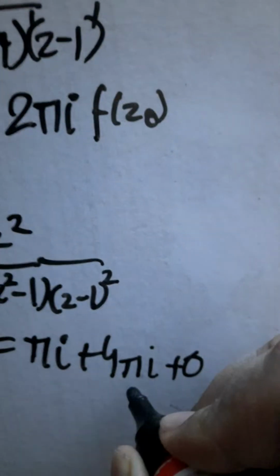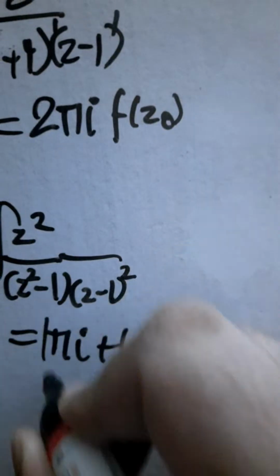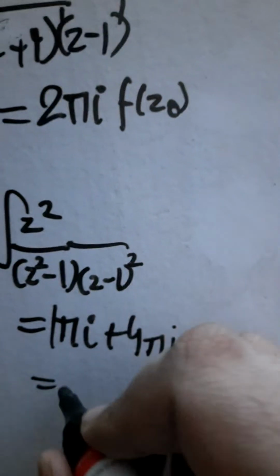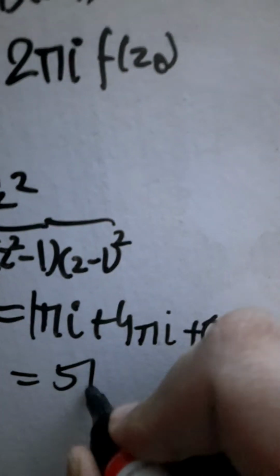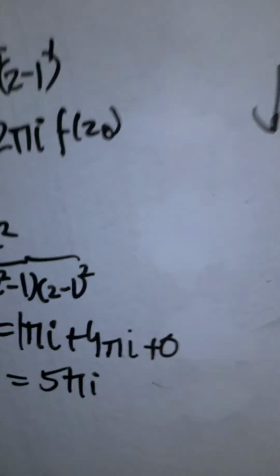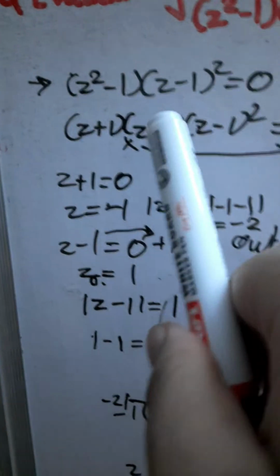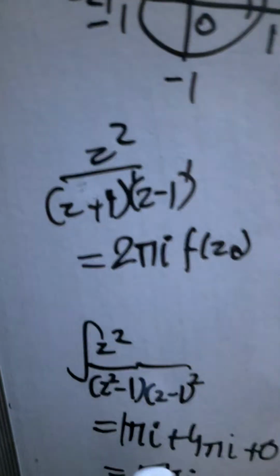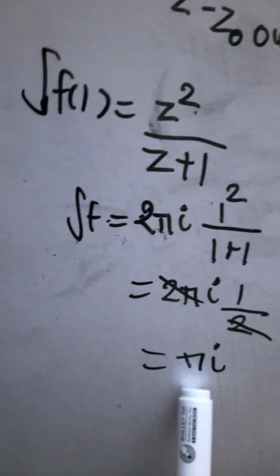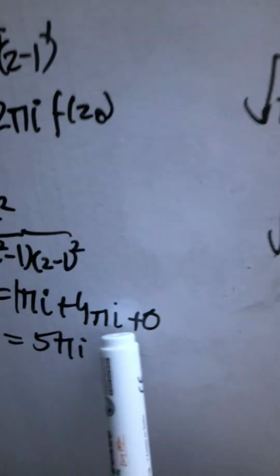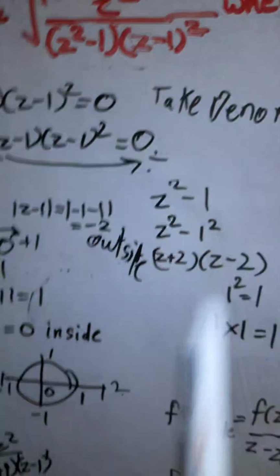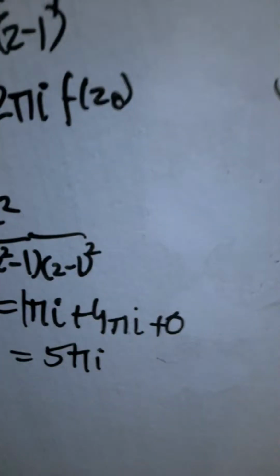So pi I same, 4, so here it is nothing, 1 into anything is that only, so here it is 1 naturally, 5 pi I. Okay, this 0 is the outside region, which is z minus 1, and z plus 1 we found it pi I here, and 4 pi I is here, which we found of this square. Then we added them and we got our answer.